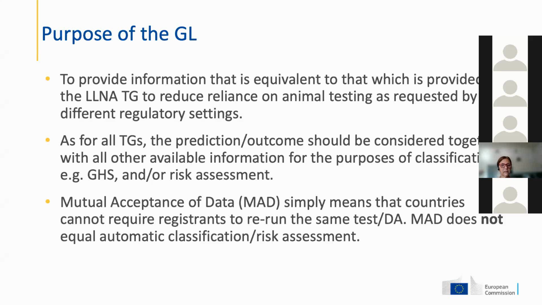It's important that we keep in mind that as for any test guideline, especially for the purposes of classification and risk assessment, the outcome predictions from these DAs should be considered together with all available information existing on the test chemical. This is the first guideline which falls under the mutual acceptance of data of the OECD, the first guideline on defined approaches.